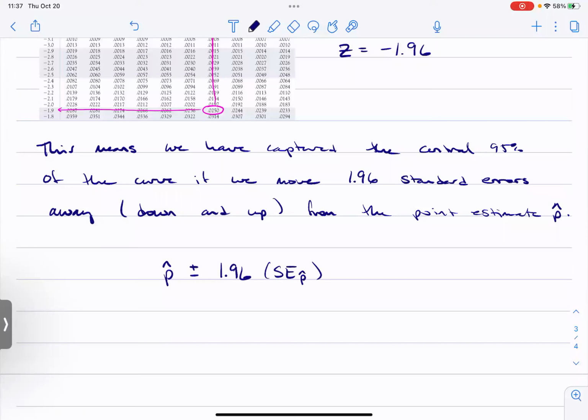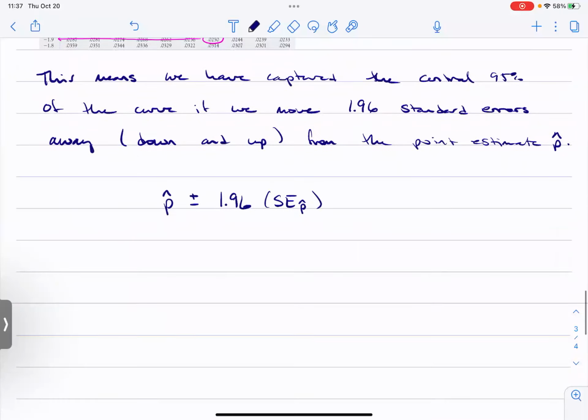Little reminder on interval notation, because this is going to give me a lower bound and an upper bound. Interval notation, we use round brackets, the lower value, comma, the upper value. So this becomes p hat minus 1.96 times the standard error of p hat, comma, p hat plus 1.96 times the standard error of p hat.